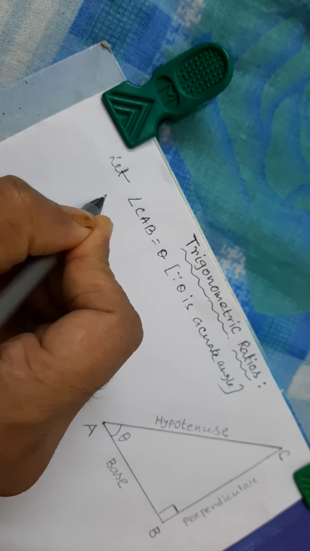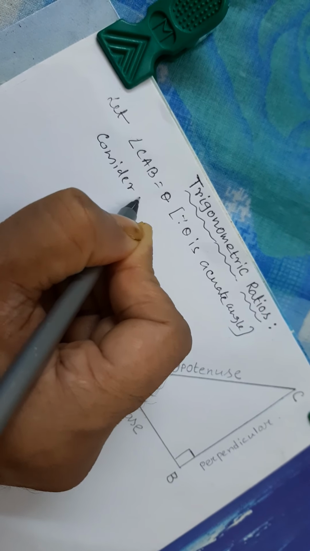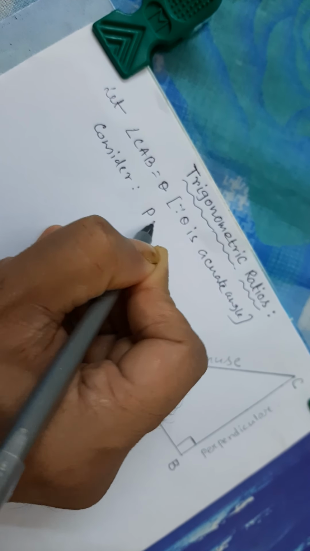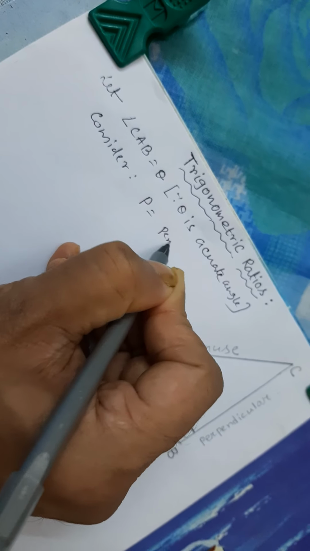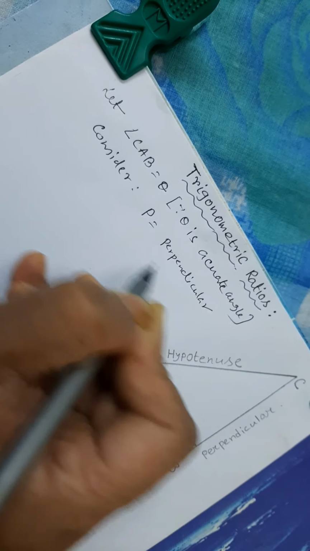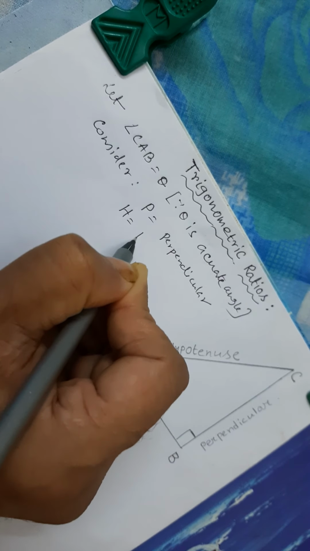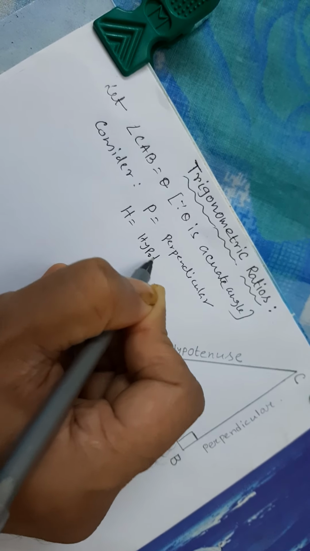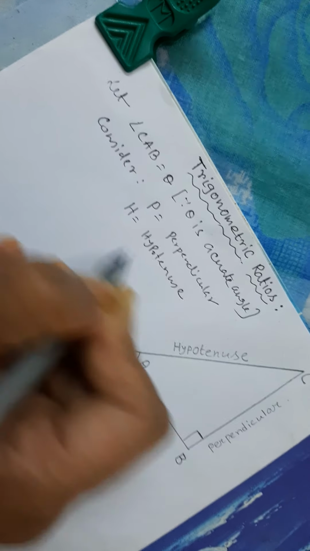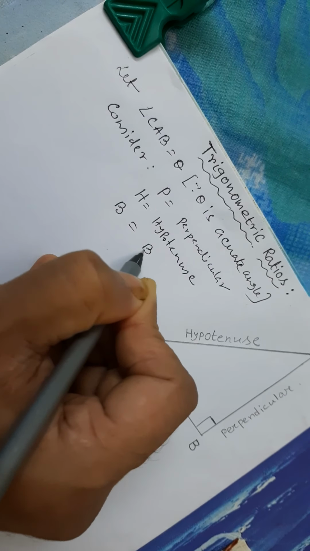Consider P equal to perpendicular, H equal to hypotenuse, and B equal to base.